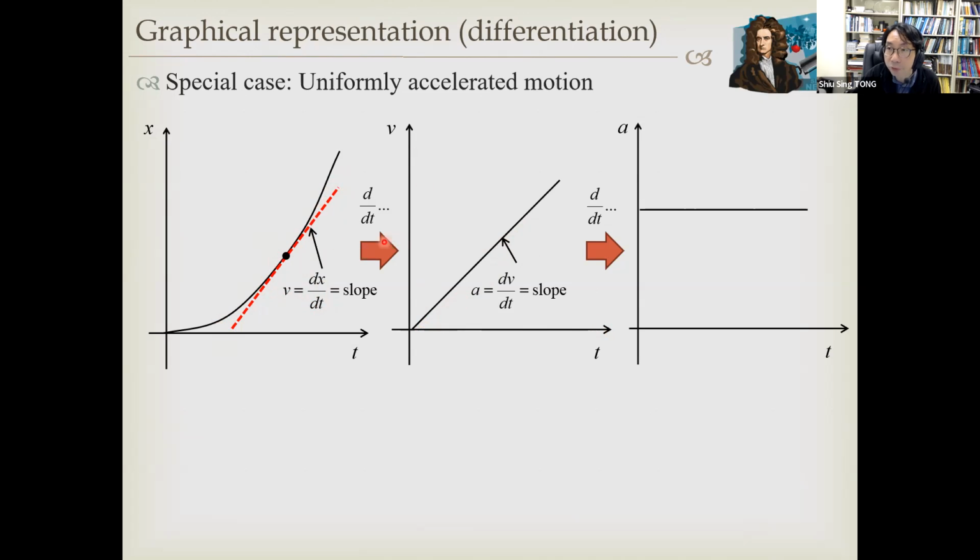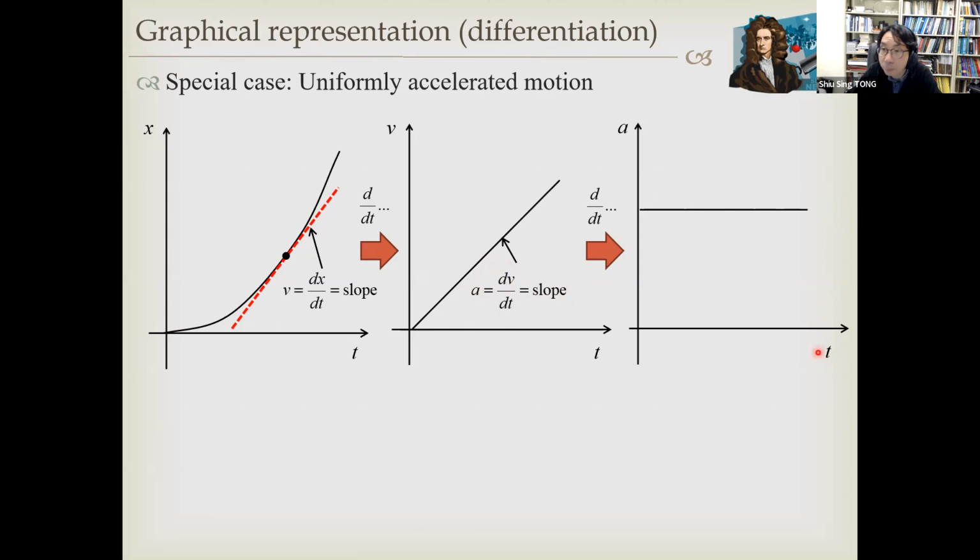So a first differentiation allows you to go from the displacement to the velocity. And if you measure the slope of the tangent everywhere on the v-t curve, you will find the acceleration, which gives you a graph of the acceleration versus time.